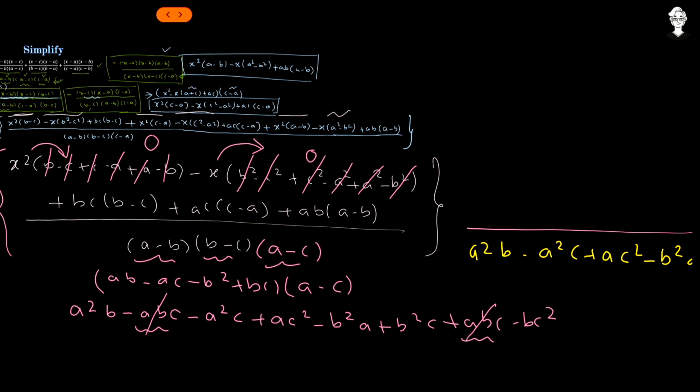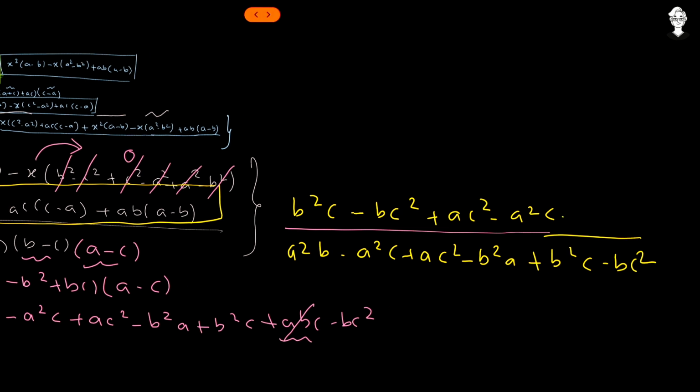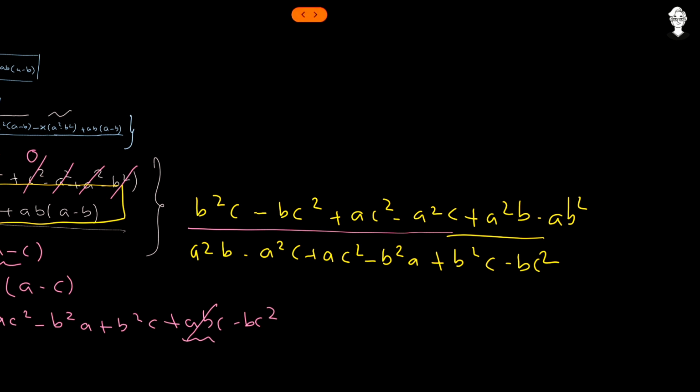And in the numerator, if I open the bracket for these three terms, I will get b²c − bc² + ac² − a²c + a²b − ab². Now let us see what we can do further.